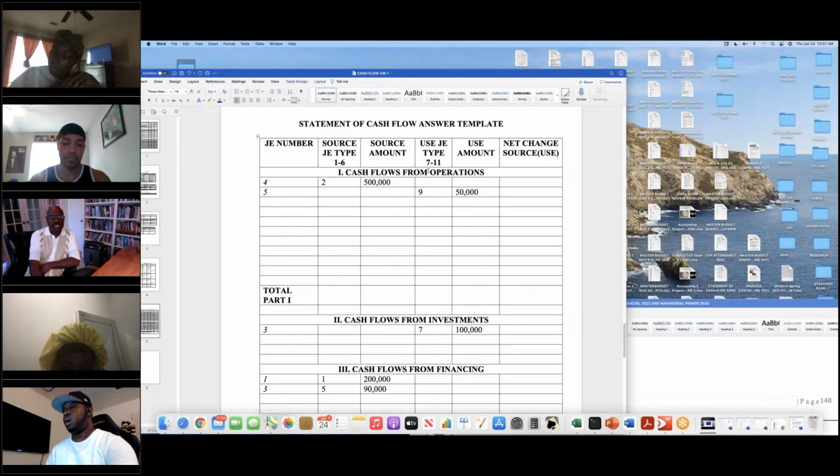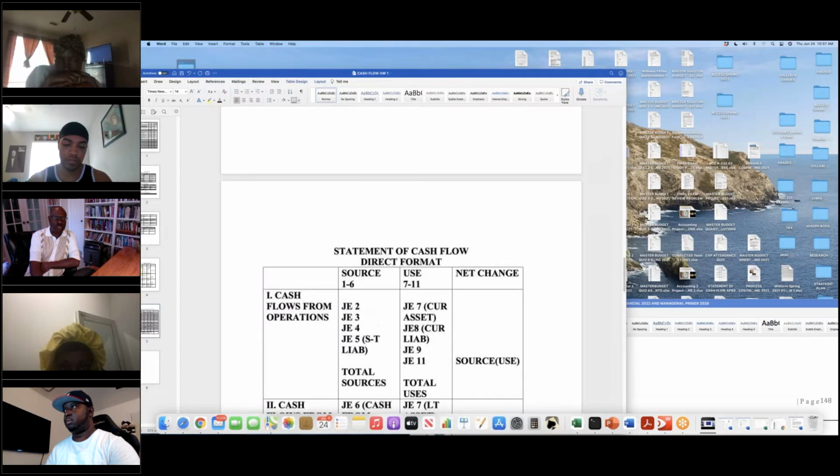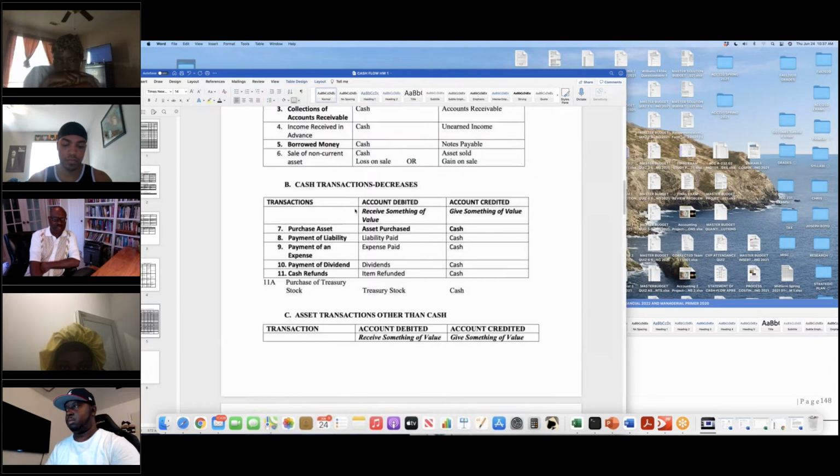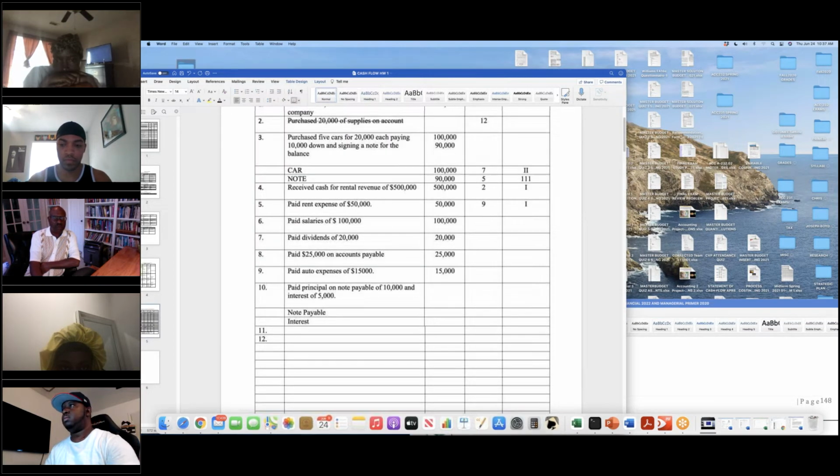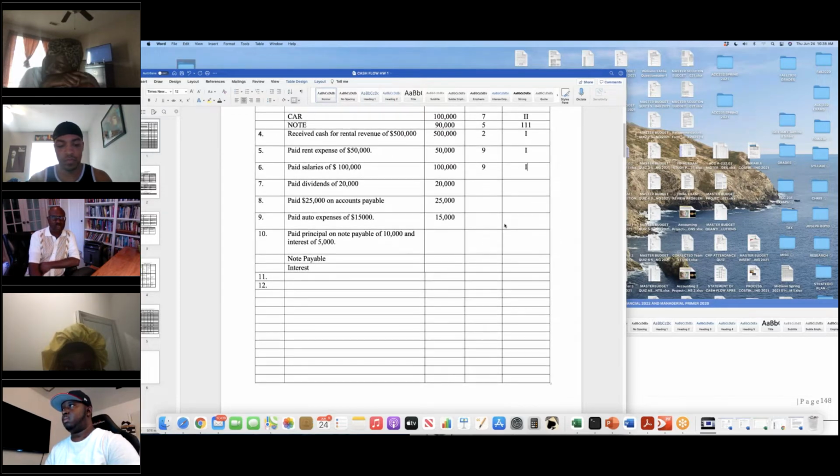So once again, on the use side, it's got to be 7 through 11. On the source side, 1 through 6. So it's pretty well laid out for you. Paid salaries of 100,000. Type 9, part 1, going to 1 again. So 6.